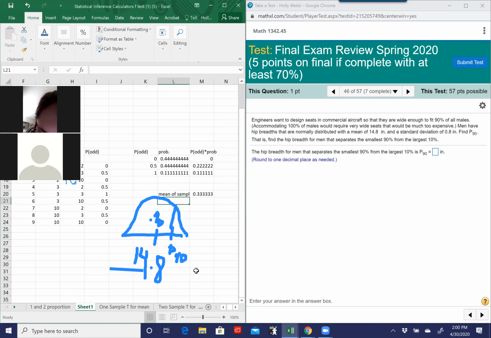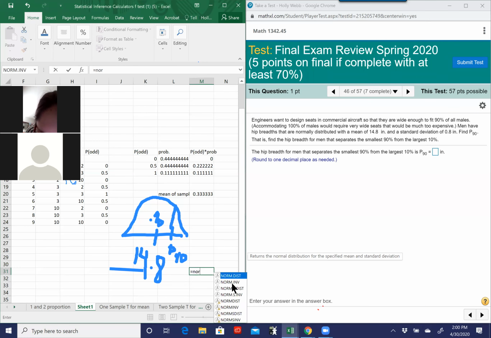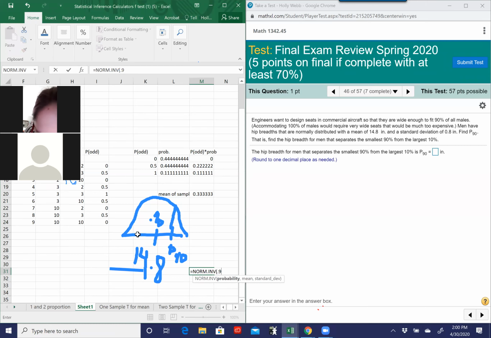Is that the norm.inverse? Yeah, it is. You're right. So we're going to use equals norm.inverse. The probability to the left will be 0.90, the mean is going to be 14.8, and the standard deviation is going to be 0.8.